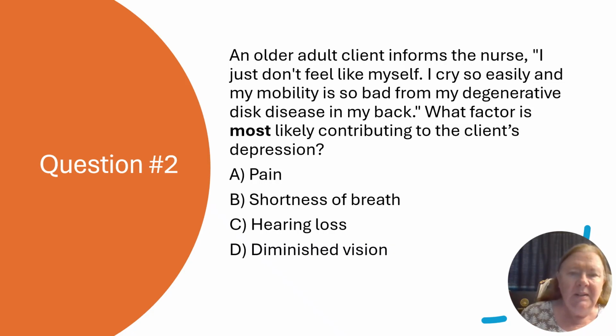The other choices are shortness of breath, hearing loss, and diminished vision. There's no indication that any of those things are going on from what you see in the stem of the question. So many factors place an older adult at risk for depression, including recent bereavement, and I talked about some bereavement in the content that I covered, a change in environment, alcohol or substance use, and chronic pain.